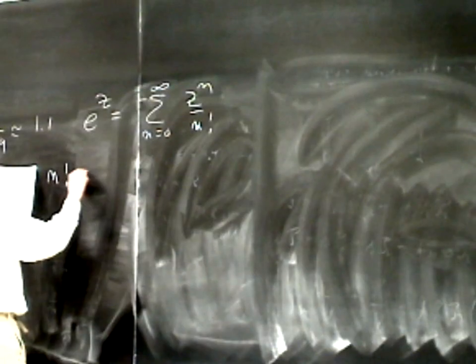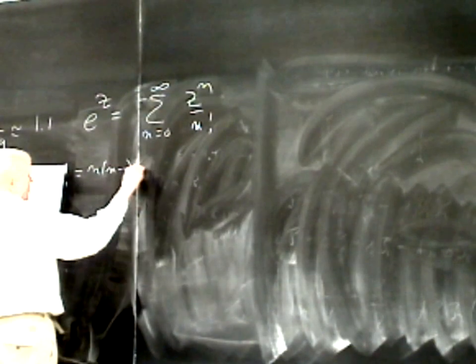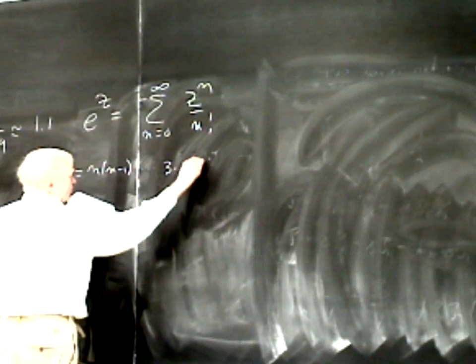This thing here is 1 over n. The limit of 1 over n is 0. 1 over 0 is infinite, so it has infinite radius of convergence. N factorial, of course, for integer n is just n times n minus 1, down to 1.